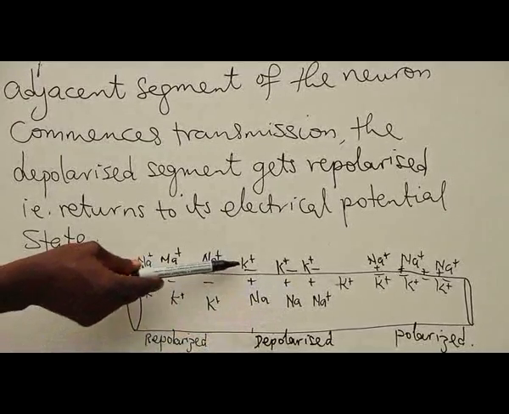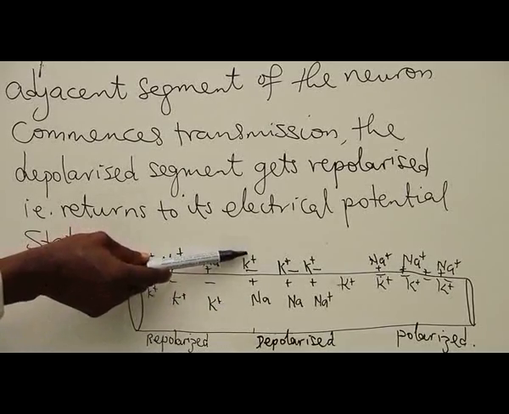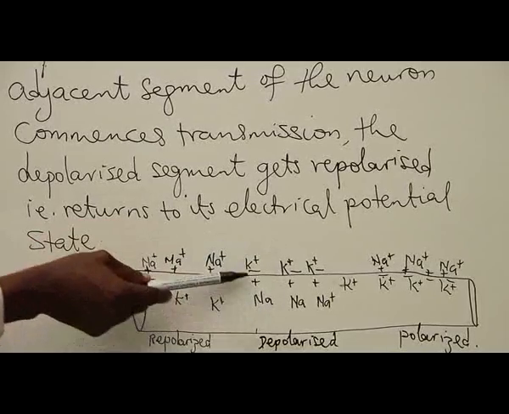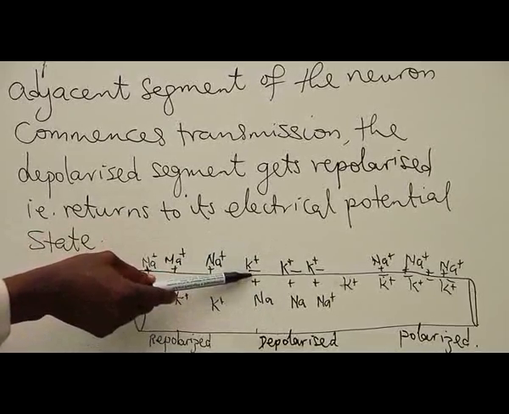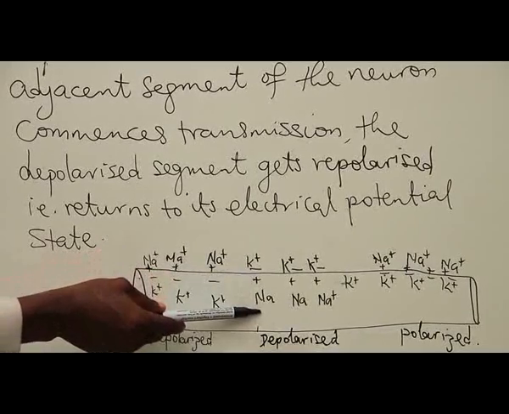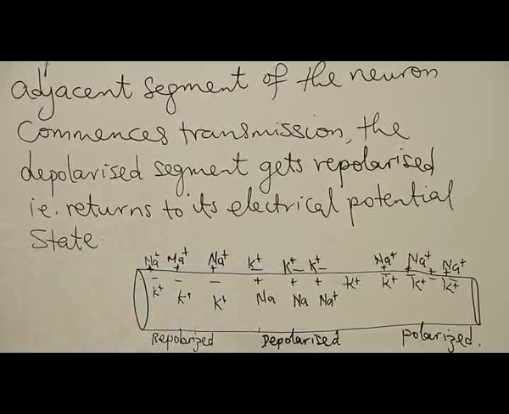You can see that the potassium has gone outside, and we have more potassium outside now, and more sodium has moved through the neurilemma, that is the cell membrane of the neuron, into the neuron. So we now have more sodium ions inside.